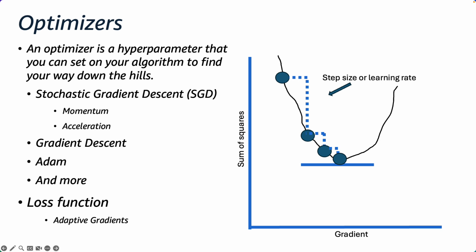And to find the loss minimum faster, we can use another optimizer called adaptive gradients. Instead of applying momentum and acceleration in general to the entire movement, adaptive gradients looks at the values in the direction of the dimensions of that data to add more focus to the direction it will go. So when we have the momentum and acceleration set for each individual dimension of the data, what is that called?